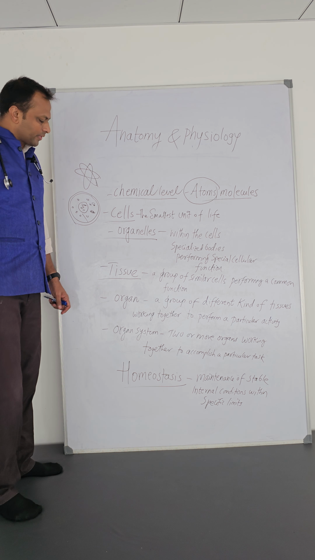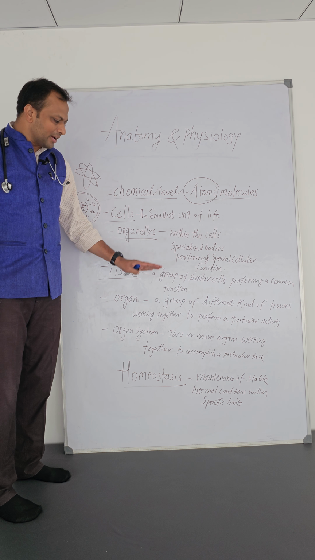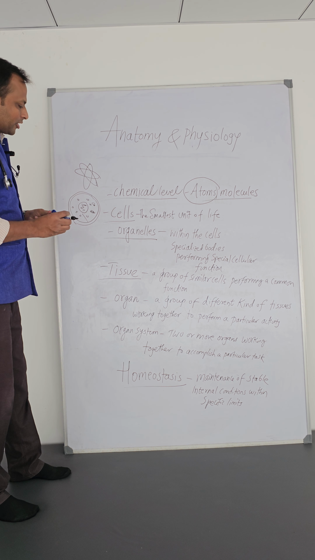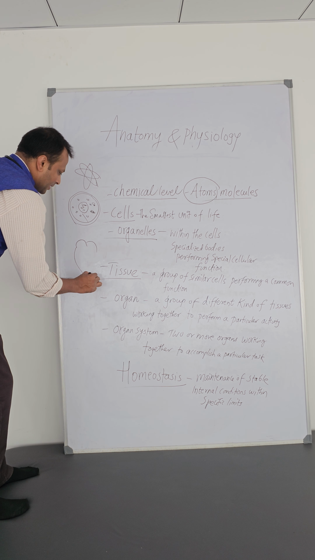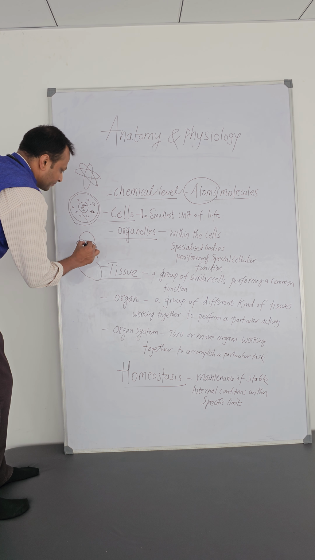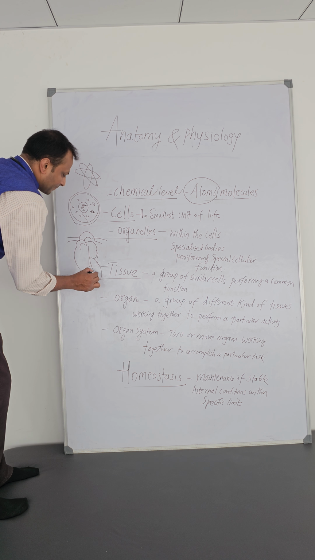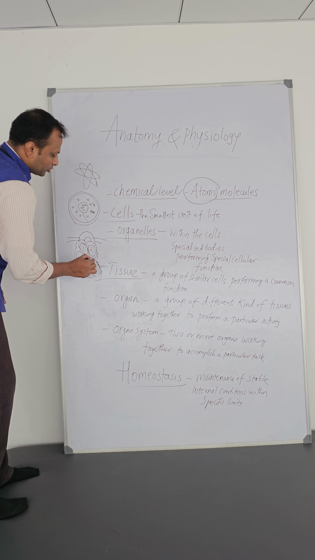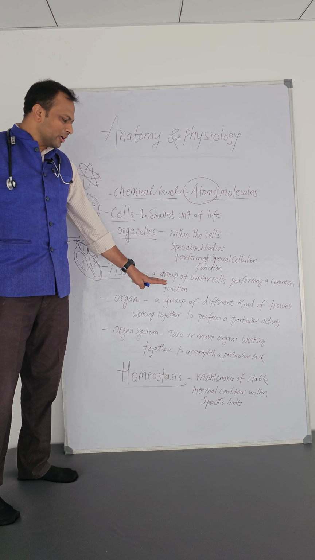So, tissue. A tissue is a group of similar cells performing a common function. If I take the heart as a tissue, it has similar cells, all the four chambers, 1, 2, 3, 4. It has a similar group of cells performing a common function.